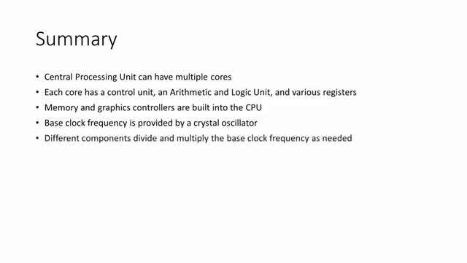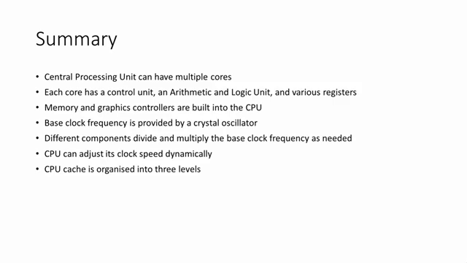Different components can divide and multiply the base clock frequency as needed. The CPU can adjust its clock speed dynamically. The CPU cache is organised into 3 levels. Data move between the cache levels and the DRAM in cache lines of 64 bytes.